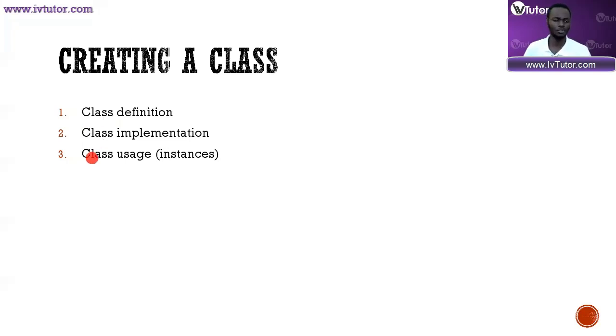It's very crucial, because at each phase there are rules that govern what can or cannot be done. It's easier to understand if, under a class definition, this is what I need to do, this is what can be done, and this is what cannot be done. When implementing a class, this is what can or cannot be done. And when using a class, this is what can or cannot be done. I've seen that most confusion comes when people don't know at what stage they are.